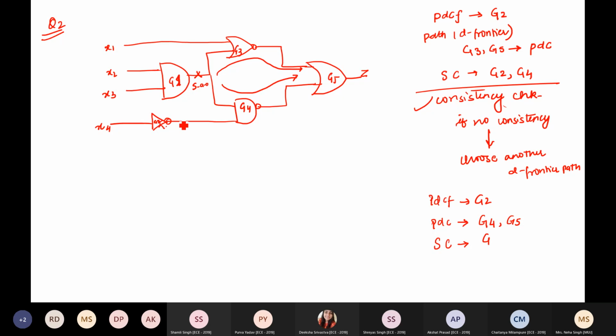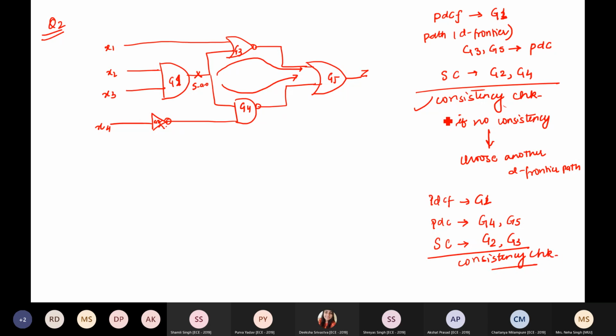This is G2. So PDCF of G1, the AND gate. Singular cube will be taken for G2. This is the leftover gate, and G3. And now for these, I go for consistency check.